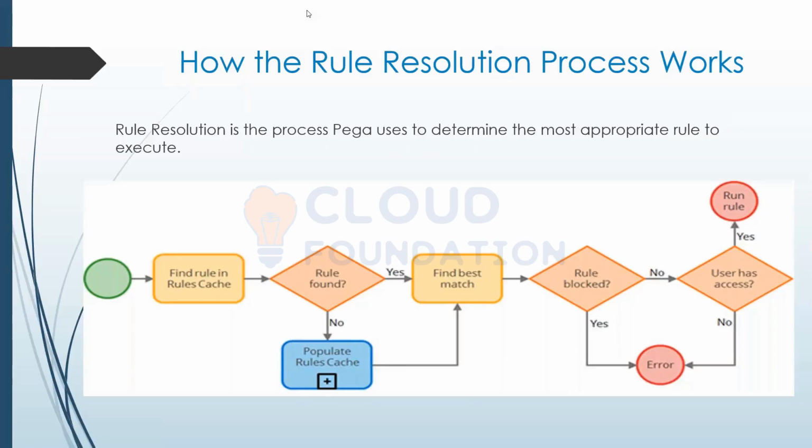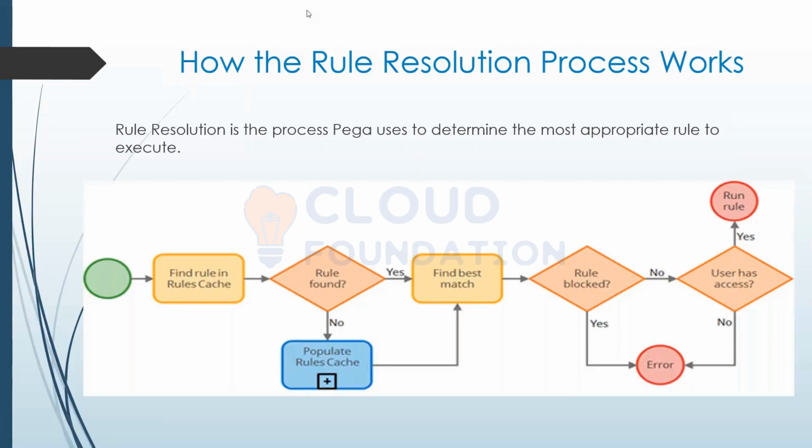Initially, your rules cache is going to be empty. The first time you are running the application, your rules cache is empty. The system should start populating the rules cache first. It has to identify the correct rule for every instance and it has to place it in the rules cache.